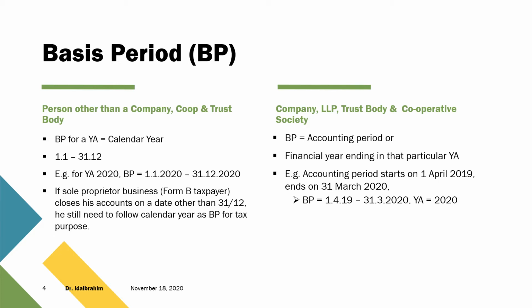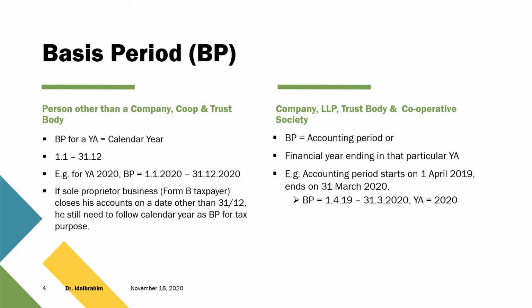But for tax purposes, we will assess the income according to the calendar year, which means that if your accounting period differs from 31st December, you need to recalculate the income from your accounting period to suit the basis period in taxation in order to pay tax.